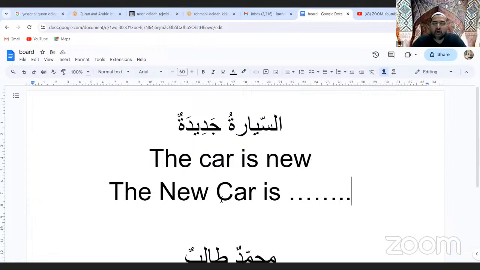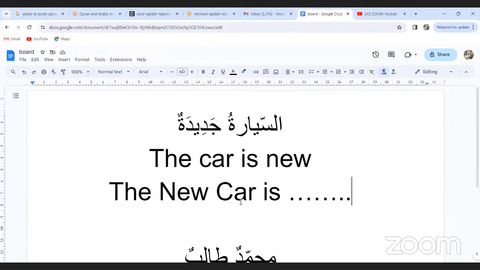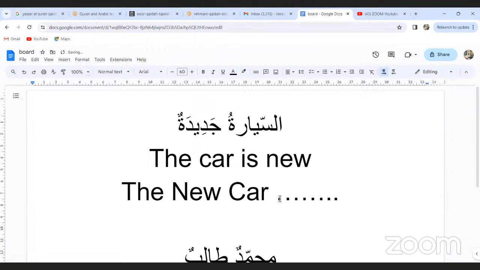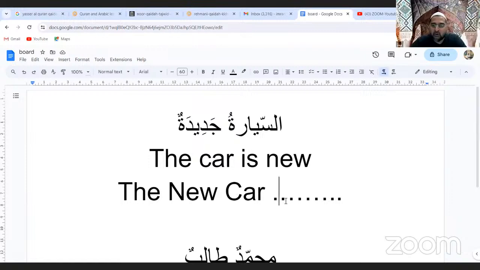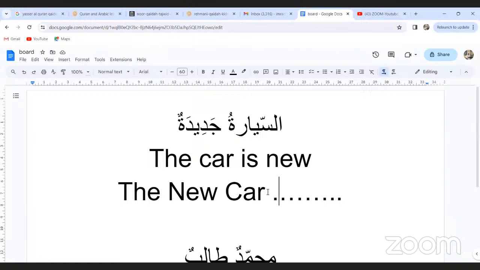But when we say the new car is, what's happening here now? The whole thing is noun, noun, right? The whole thing is mubtada. Yes, it would be treated as mubtada. When we say the new car, it becomes an incomplete sentence. There's no is, correct?